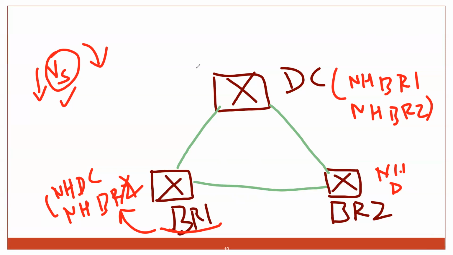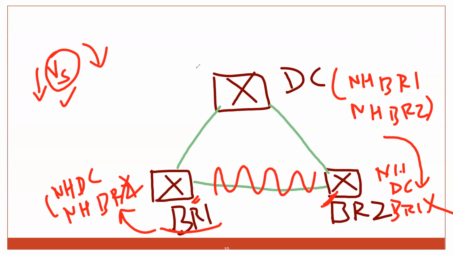Then, vSmart, branch 2, do not send branch 1 T-lock. So if branch 2 does not know the T-lock of branch 1, and branch 1 does not know the T-lock of branch 2, they will not form the IPsec tunnel directly. Any doubt in this logic? Straightforward, right?